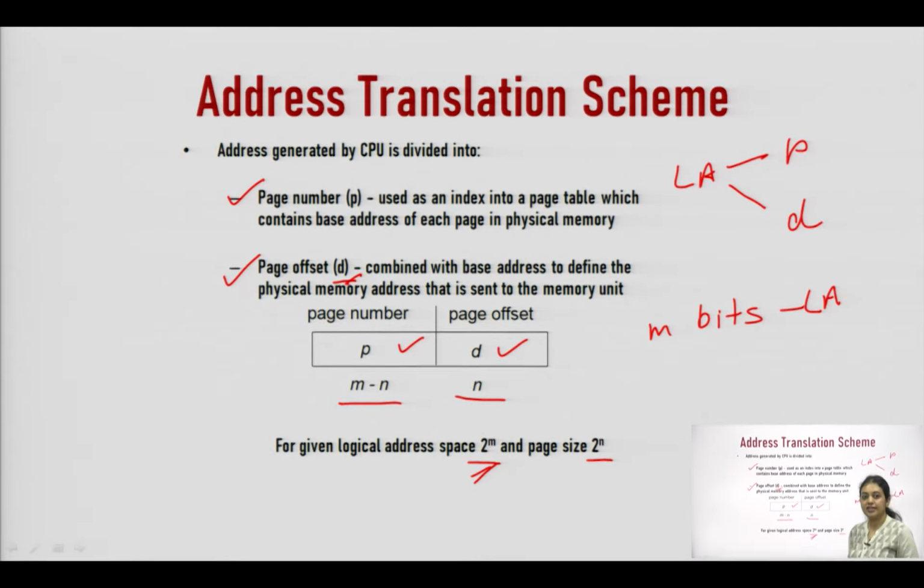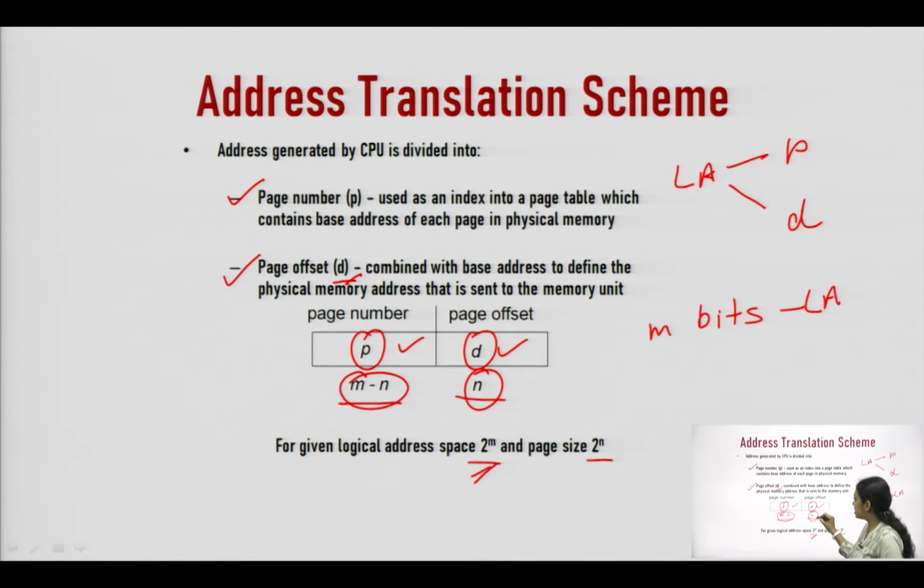So, the logical address is of total m bits. Now, the page size is 2 raised to power n. Here we are dividing the logical address into two parts, P and D, where P is the page number, represented by m minus n bits, and D is the page offset, which is represented by n bits.